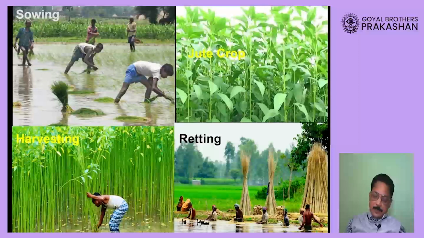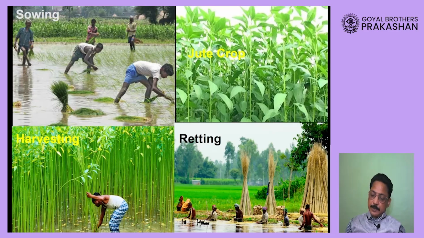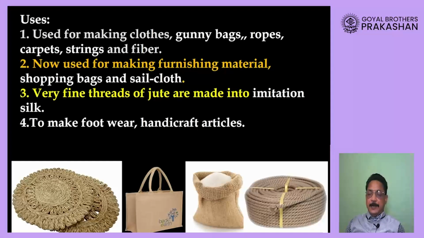You can see here the method of sowing. Then after the sowing is done, the jute crop is grown. Then there is a process called harvesting, and finally the retting process will be helpful in removing the bark.